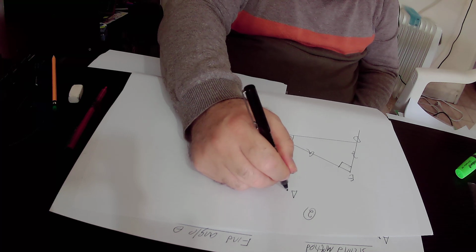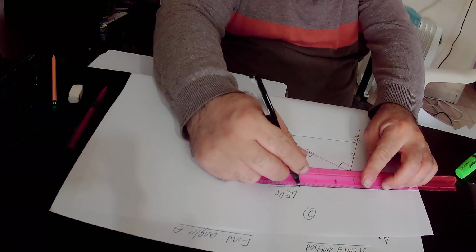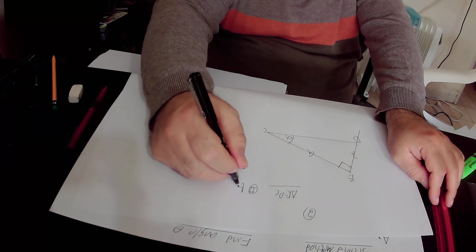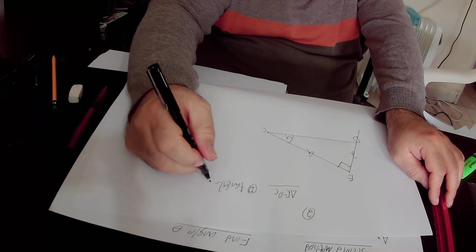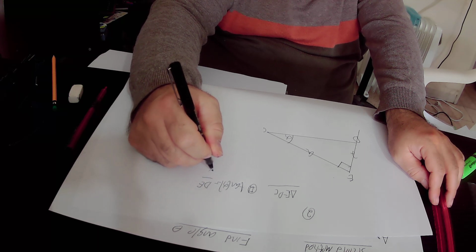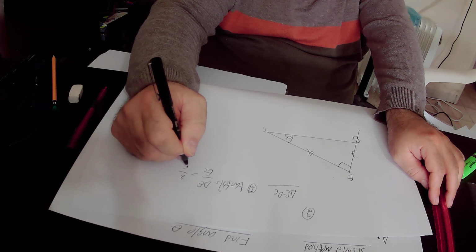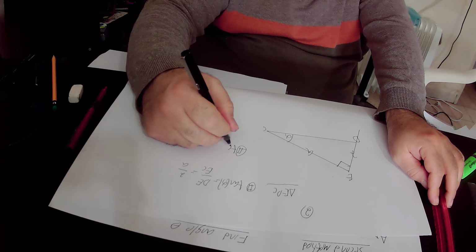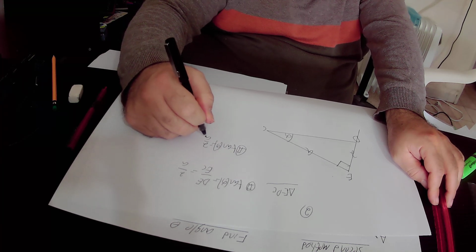In the right triangle EDC, we know that tangent alpha equals DE over EC. DE equals 2 and EC equals A. So in conclusion, according to equation number 2, tangent alpha equals 2 over A.